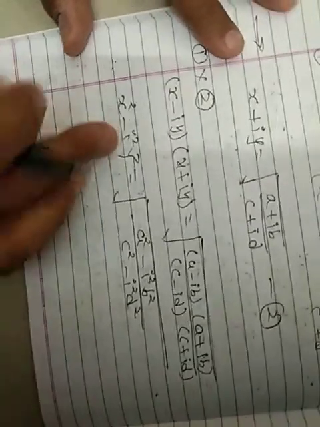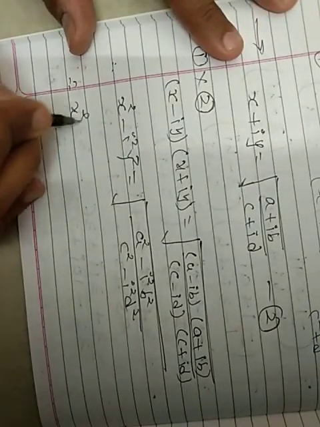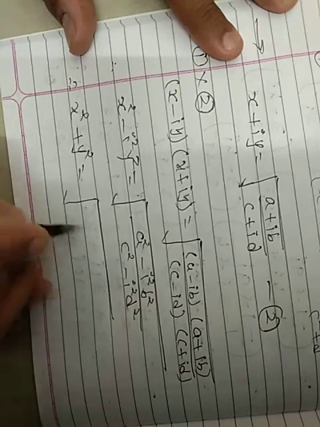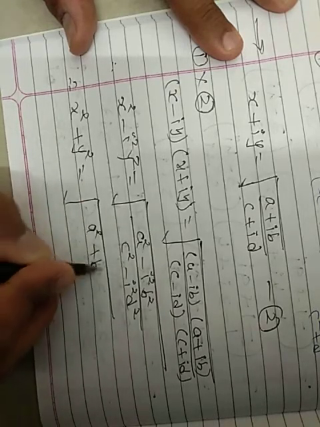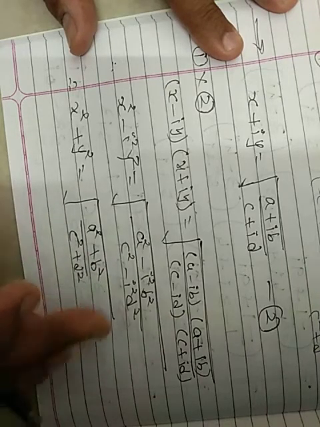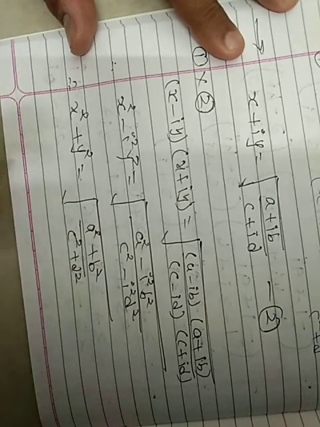But i square equals minus 1. Therefore x square plus y square equals the square root of a square plus b square upon c square plus d square, because i square equals minus 1.